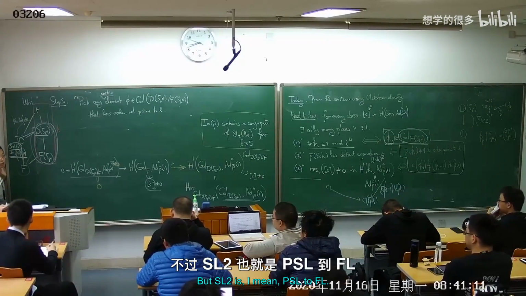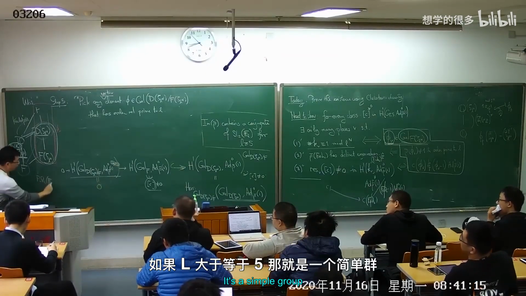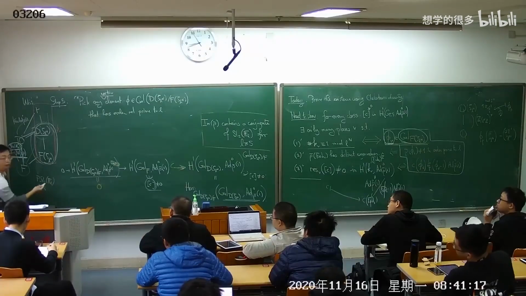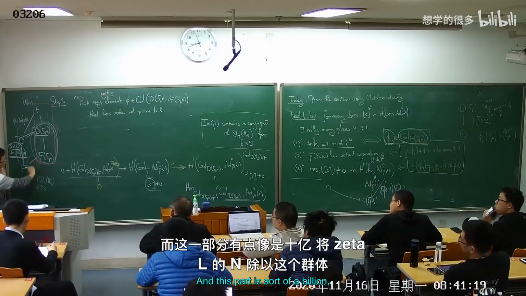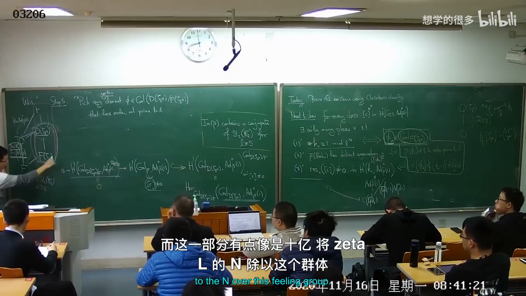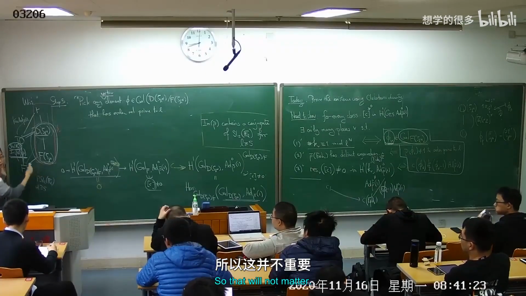But PSL2(F_L) is a simple group if L is greater than or equal to 5. And this part, F(zeta_{L^n}) over F, is an abelian group, so that will not matter.